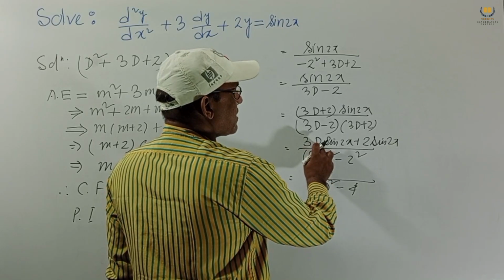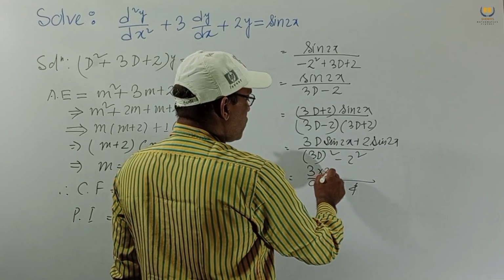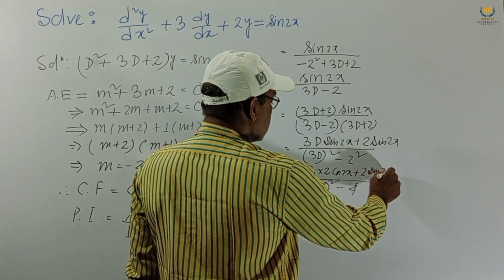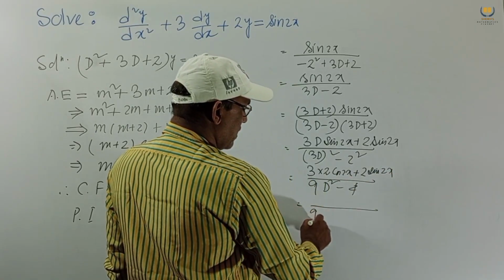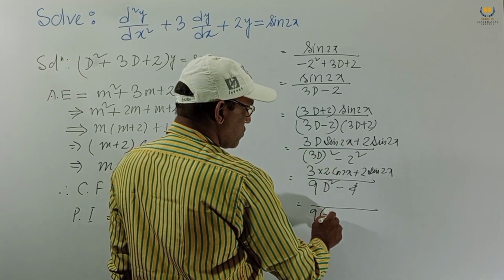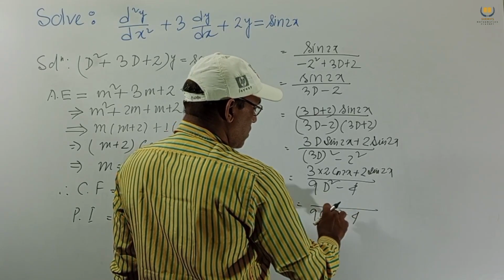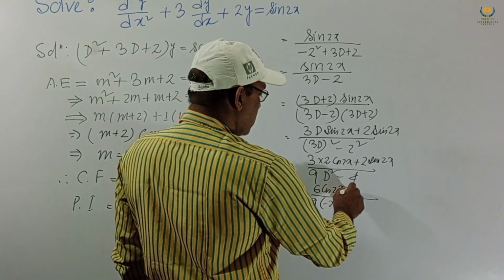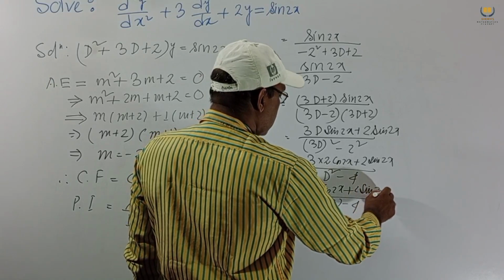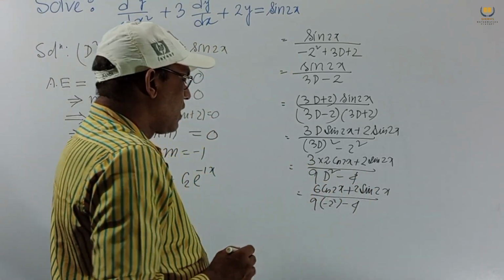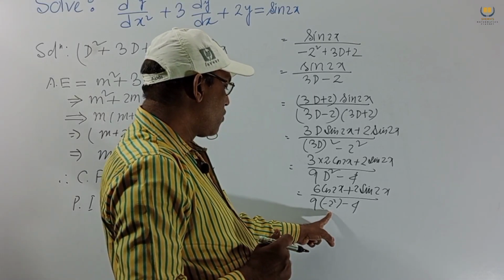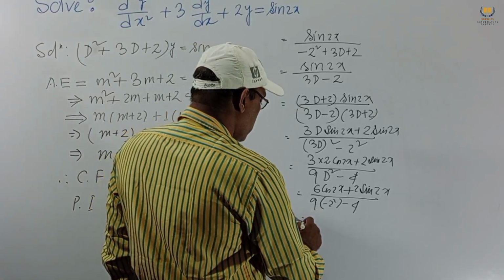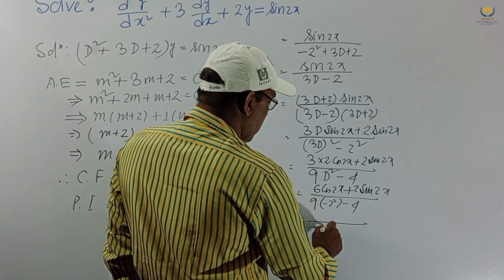3D means d by dx of sin 2x, which means 2 cos 2x, and 2 sin 2x. Here in place of D square we put minus 2 square, minus 4. This gives 6 cos 2x plus 2 sin 2x, and the denominator is 2 square means 4, 4 nines are 36, minus 36 minus 4, so this will be minus 40.